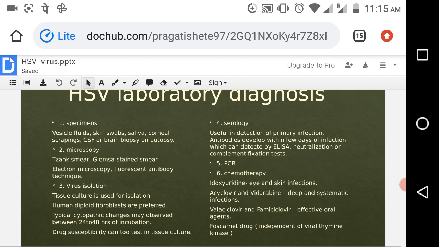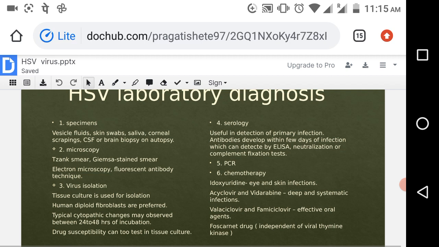Okay, now we have completed our second step, that is the microscopy. First we collect the specimen, right? Then we see the abnormalities in the specimen. Now if we got any abnormalities, the positive result for proceeding, then we proceed with the third step, that is we will isolate that virus.